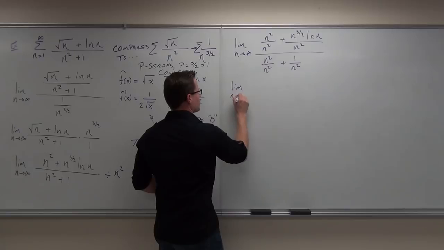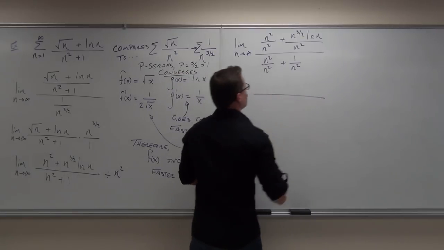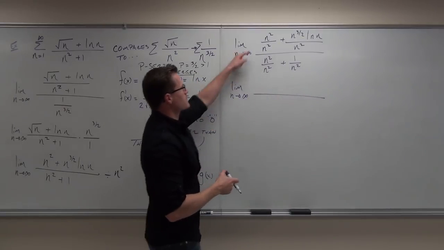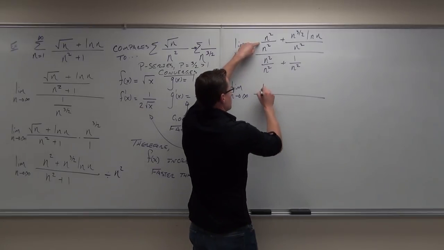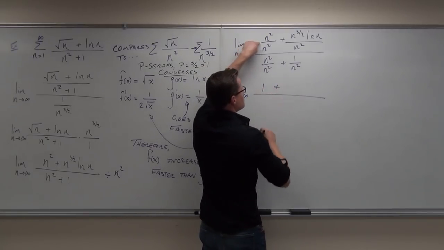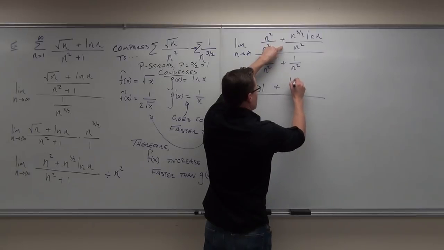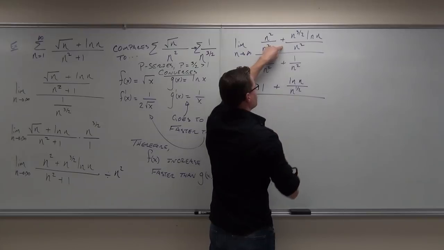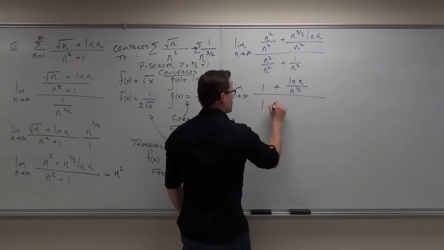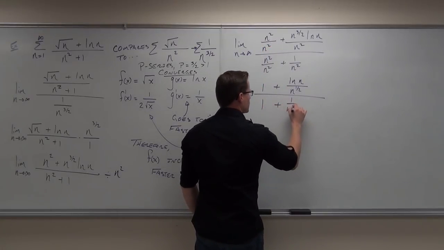Limit as n approaches infinity. What's this? 1. Plus ln n over n to the 1/2. Exactly. This is 1. This is 1 over n squared.